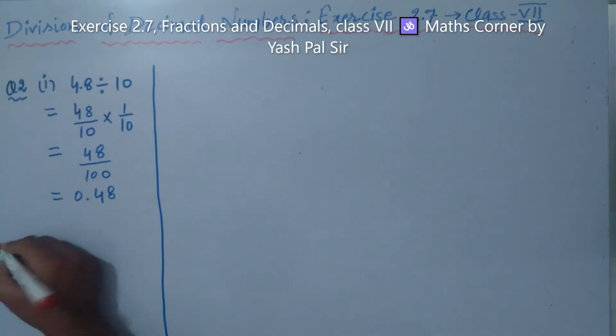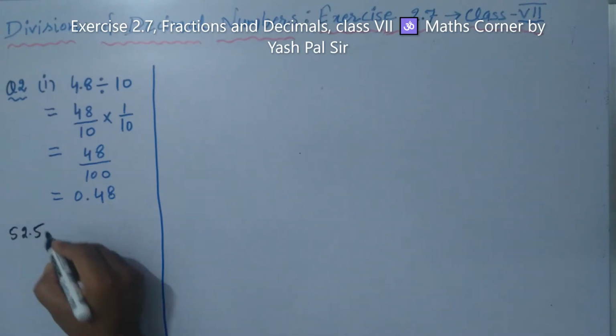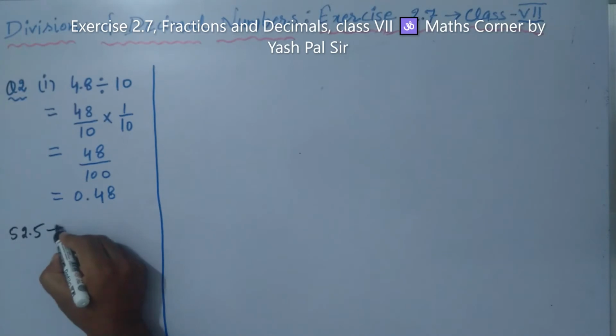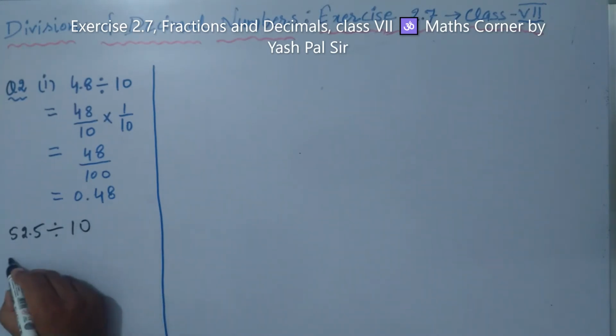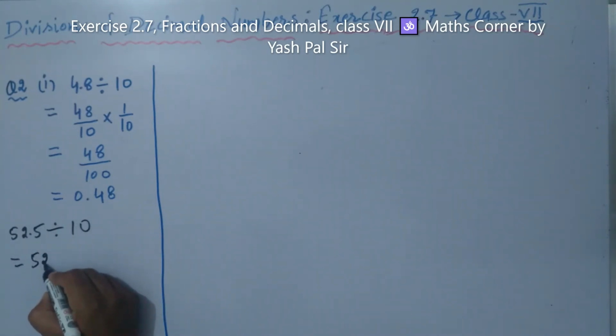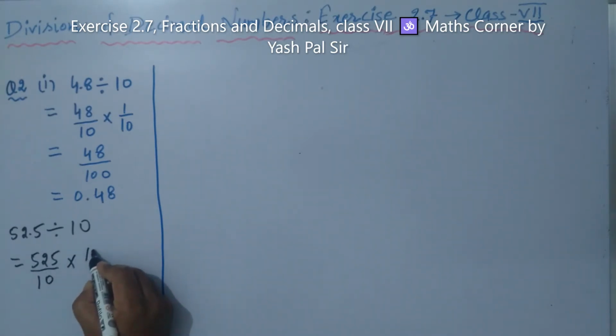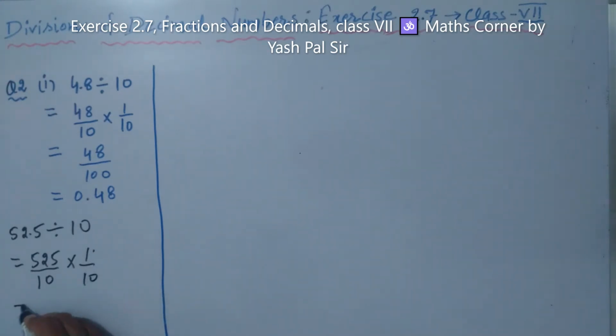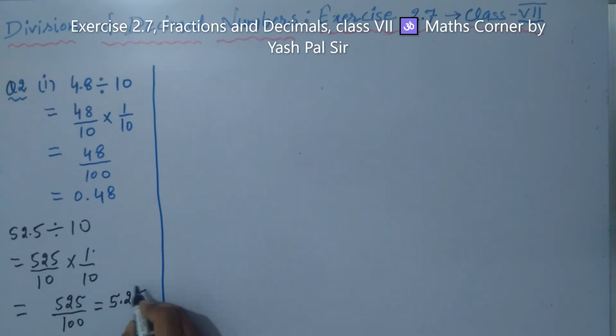So our next question now, this is 52.5 divide 10. So this means 525 upon 10 into 1 upon 10. That means 525 divide 100, which is equal to 5.25.